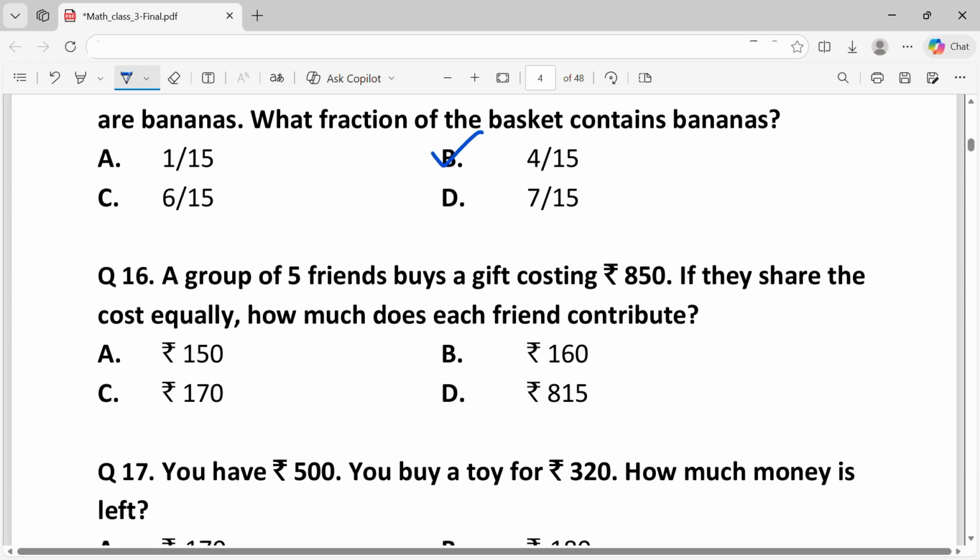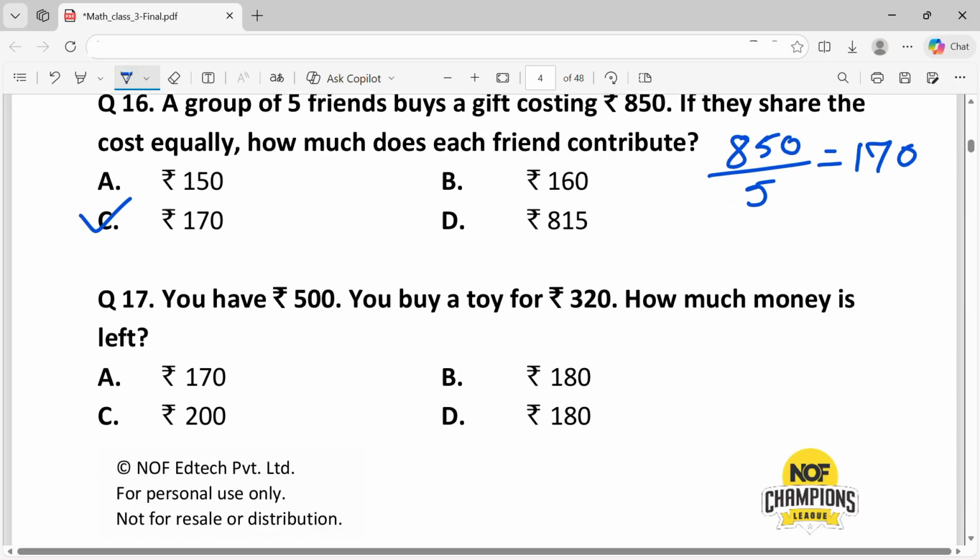Question 16. A group of 5 friends buy a gift costing rupees 850. They share the cost equally. How much does each friend contribute? So the contribution of each friend will be the total amount, that is 850, upon the number of friends, that is 5, which is equal to 170. So the answer is C, 170.